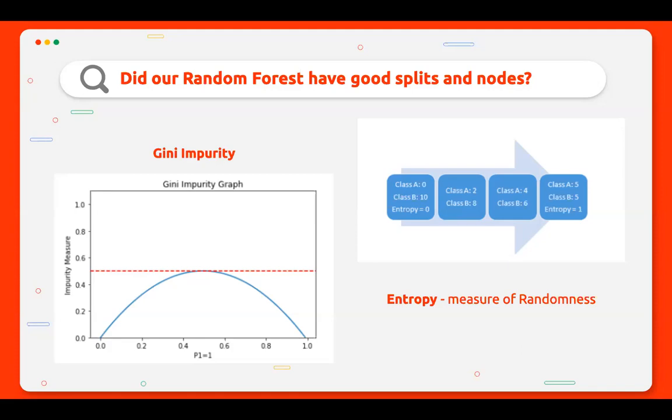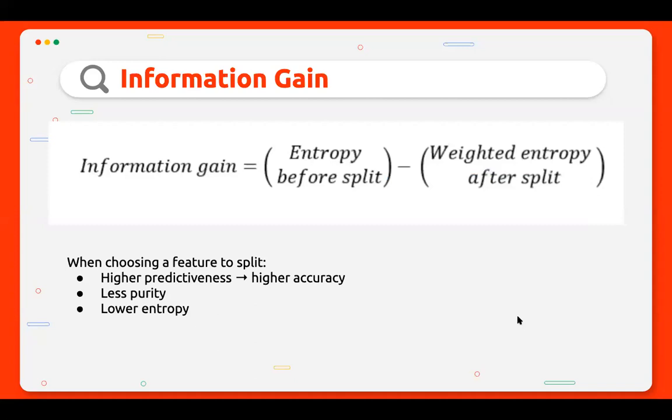Good machine learning models want to reduce entropy, which is to reduce uncertainty and randomness. If our models have less randomness and uncertainty, then we have a better model. And to measure how well our random forest is doing, we can use information gain, which is subtracting the entropy.